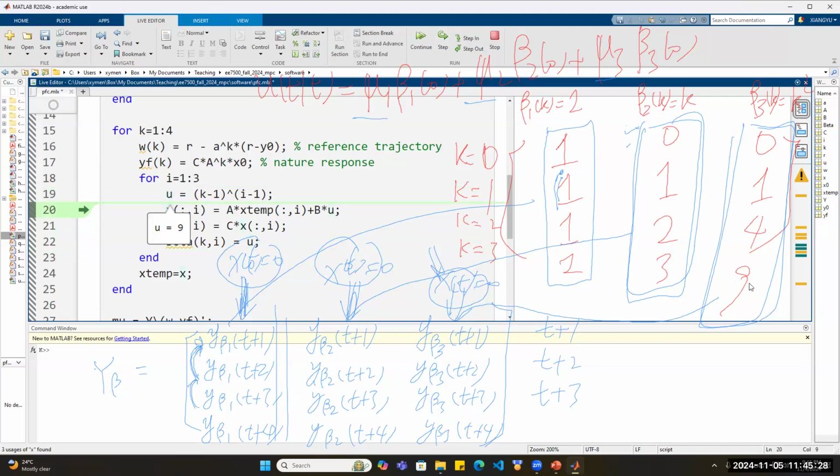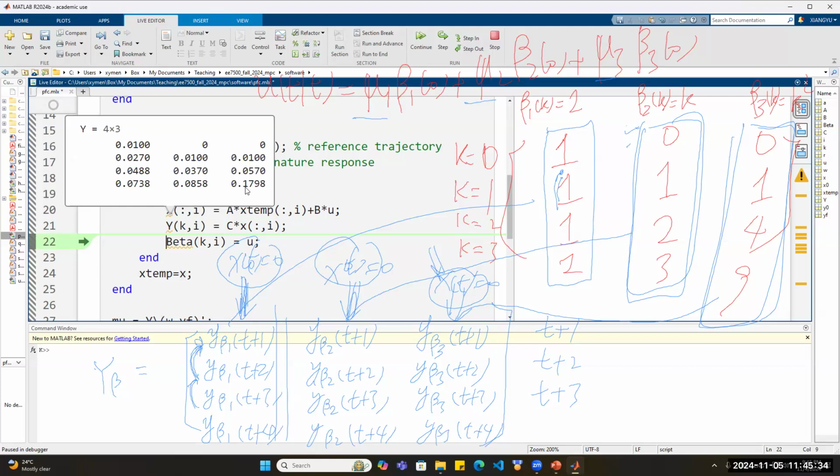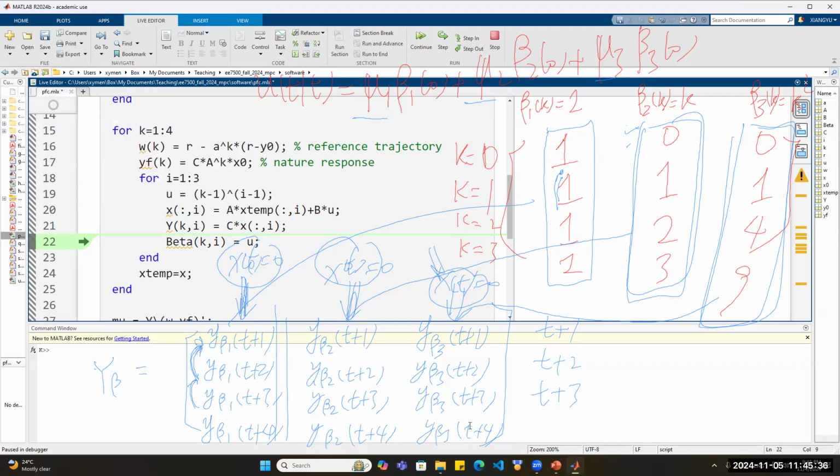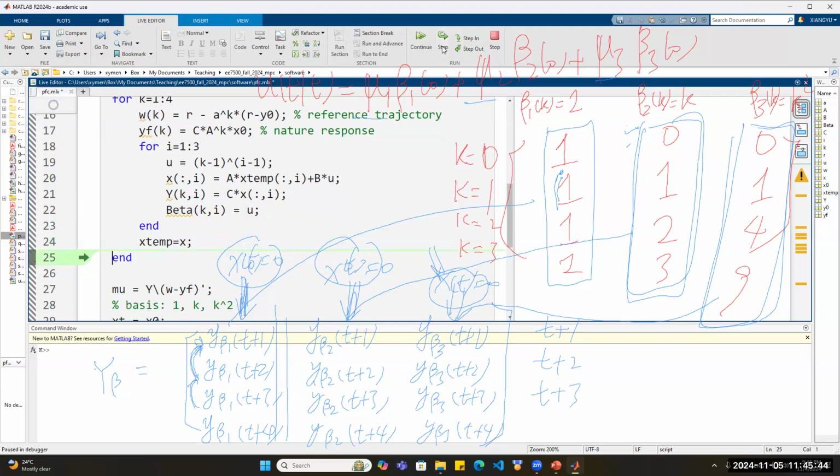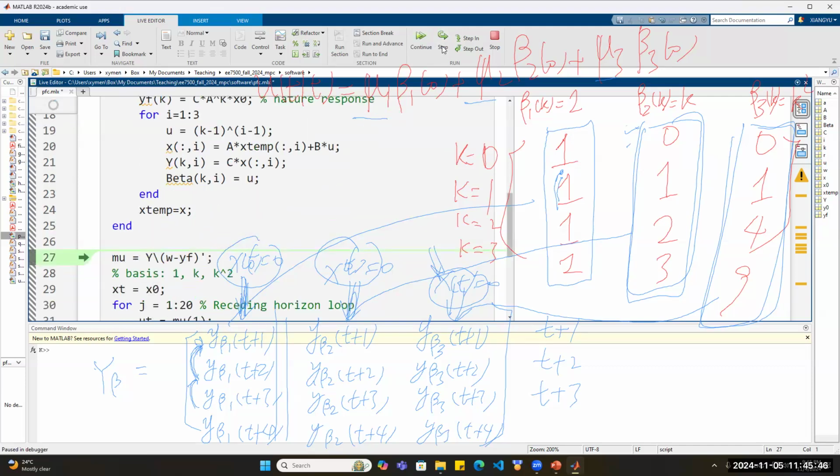This one is U is 9. And we have the last one, Y beta 3 T plus 4, when the control input sequence is 1, 0, 4, 9, assuming 0 initialization. Okay, now we are done.